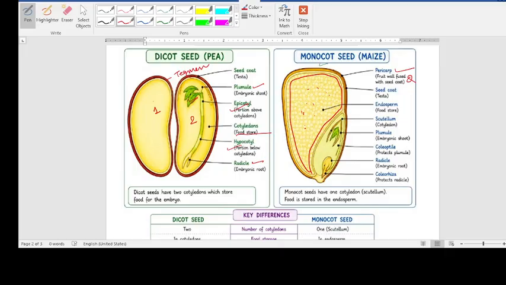And this little portion which is remaining behind consists of the rest of the parts of the embryonal axis, where you can see we have the plumule for giving rise to the new shoot, and the radicle for giving rise to the new root. But here this plumule is covered by another structure which is called the coleoptile, a protective covering on the plumule. You can see this is a small cover-like structure which is covering the plumule. This is called the coleoptile.